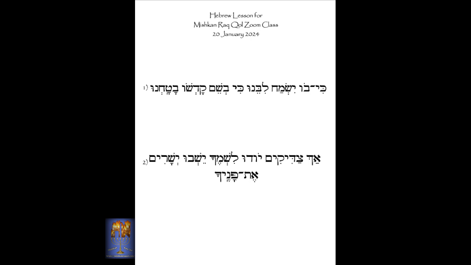So, what's our next word here? All right, so we have a yud pointed tzere, so yeah. Then we have a shin here, and it's pointed vocal shva because we're following a long duration vowel point.